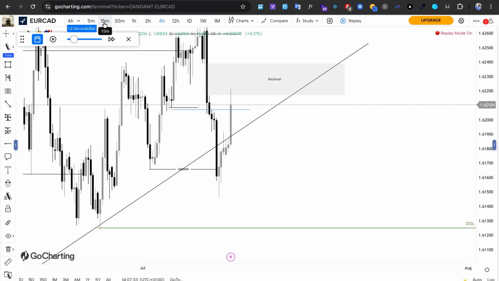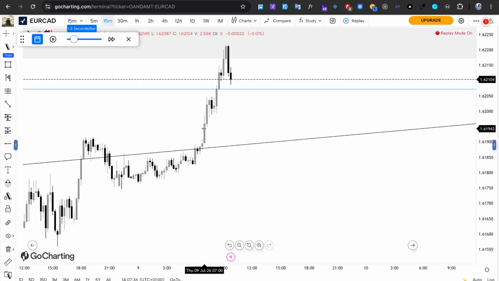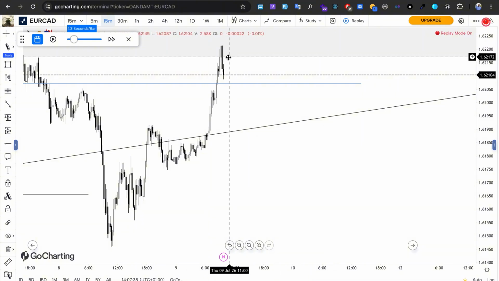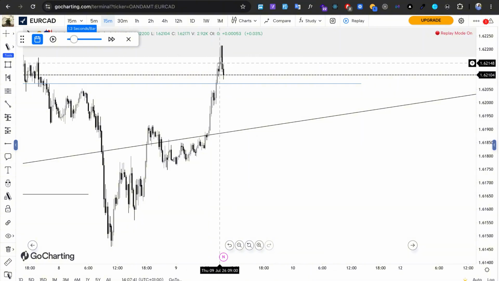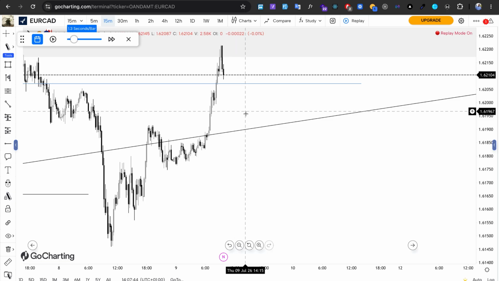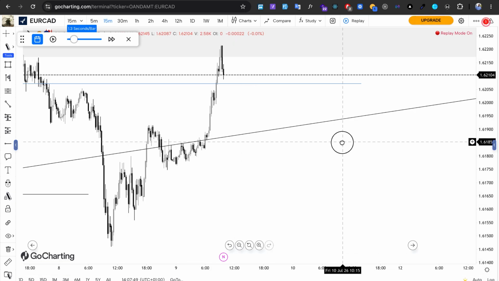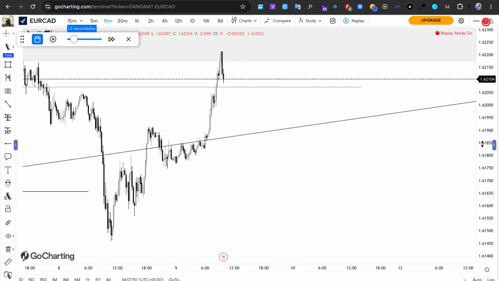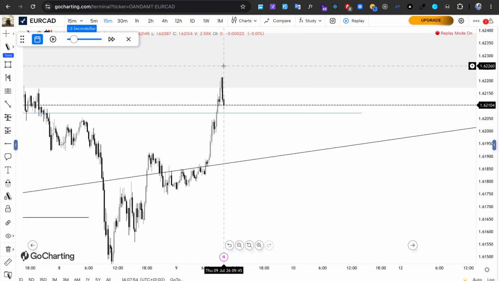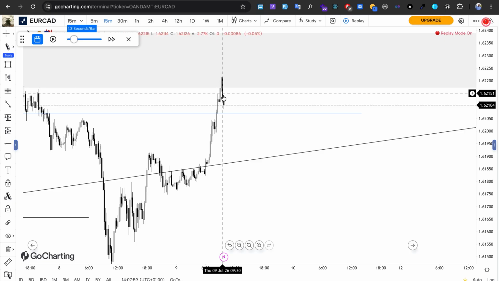So I will go to the 15 minutes. As soon as I get into the 15 minutes, there's a CISD, a 15-minute CISD has formed already, but this happened at 9:15, 9:30.